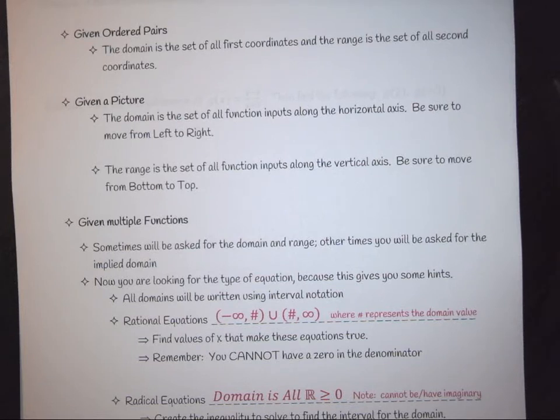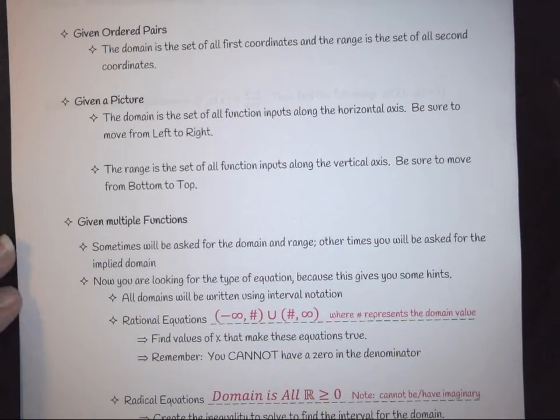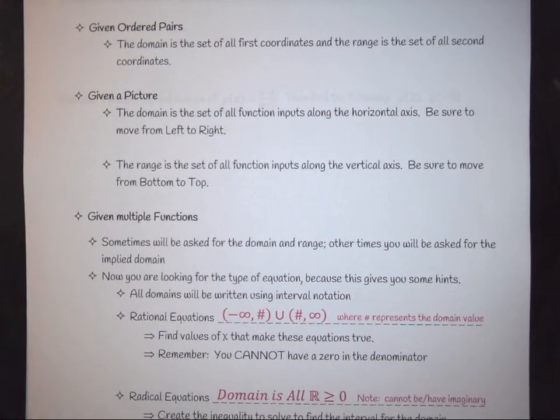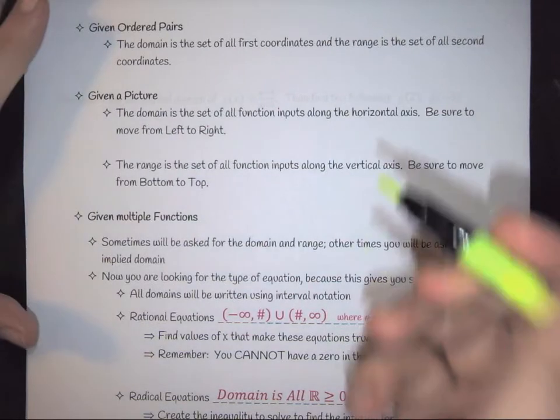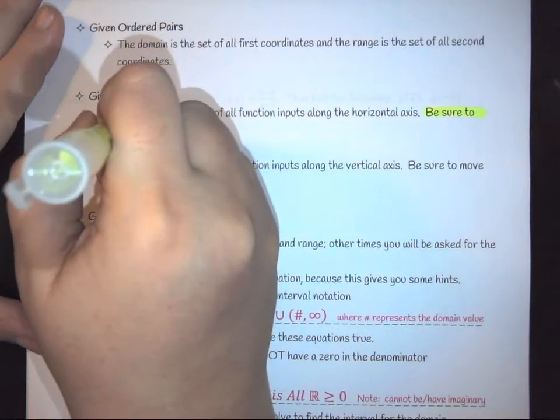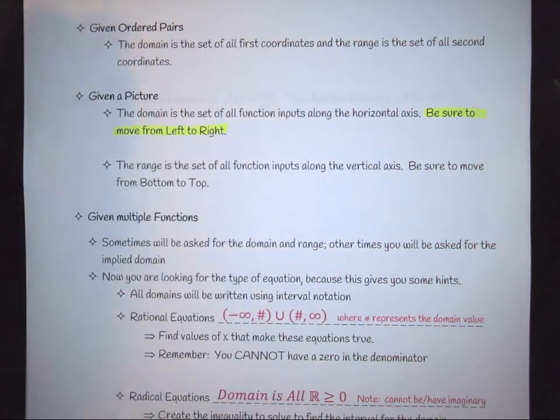A picture is where we're talking actually more about a graph. In terms of a graph, your domain is going to be your horizontal axis or your x-axis. The biggest thing that you need to keep in mind when working with domain and range is that you always want to make sure that you are moving from left to right.